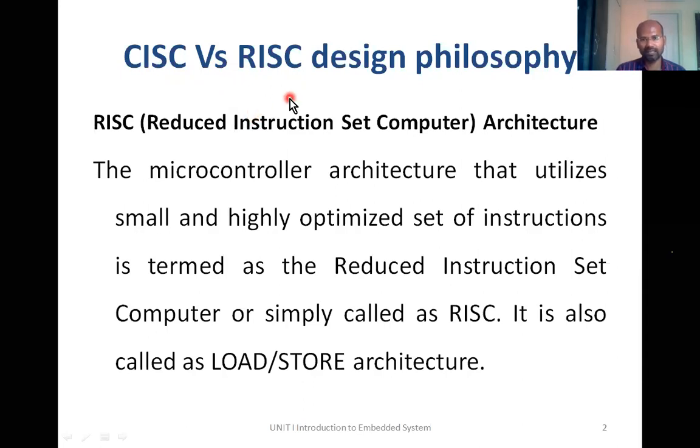Now in this class we will see what is RISC architecture and what is CISC architecture, what are the features present in RISC and CISC, good features and also demerits. So we start with RISC and then CISC. At the end we differentiate these two in a table.